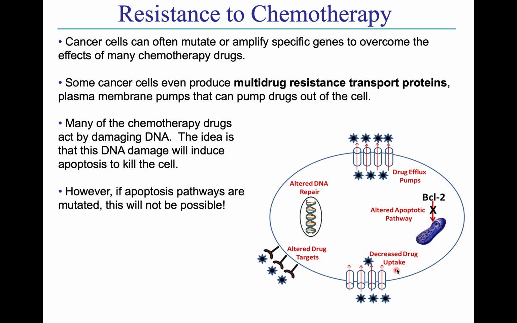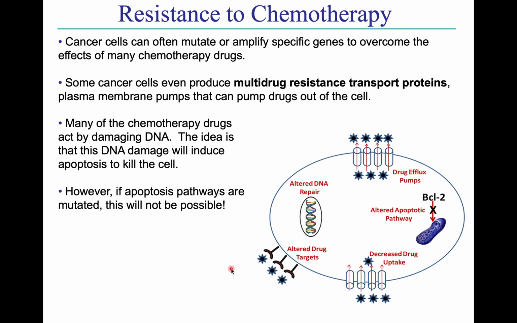Some cancer cells will reduce their ability to take up the drugs. Just as we were discussing them pumping chemotherapy agents out, they may reduce the ability for them to get in the first place.